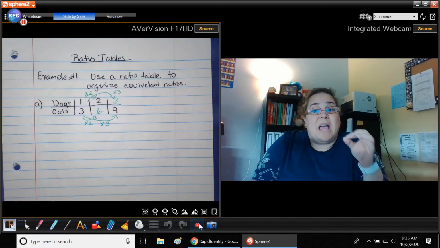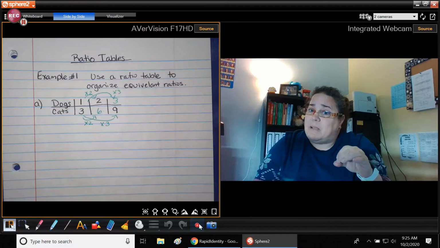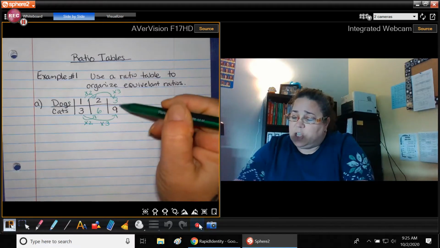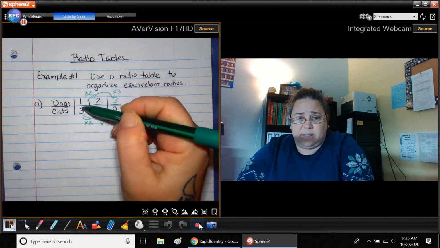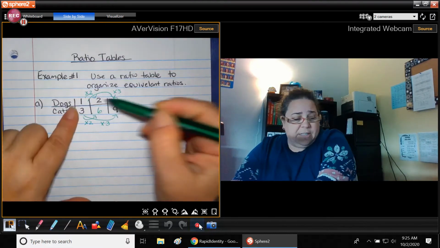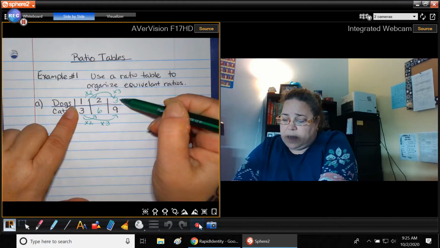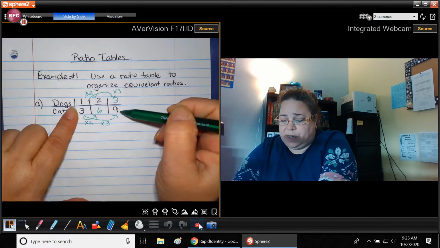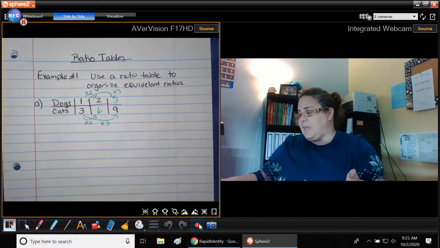And remember, I can check my math in a ratio table because if I simplify my ratio, this ratio should simplify all the way down to this. Okay, so if I do that, does it simplify? 3/9. Well, 3 goes into 3 one time, and 3 goes into 9 3 times. So it simplifies, doesn't it? So that's how I would do that ratio table.